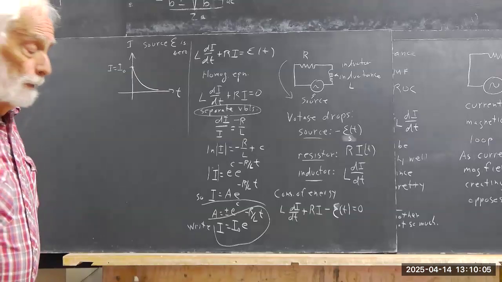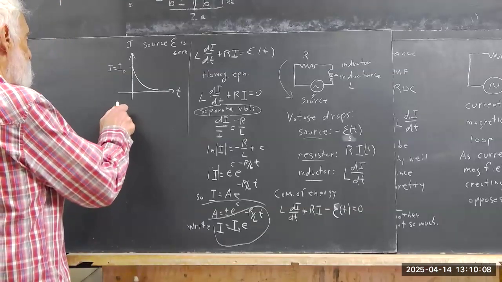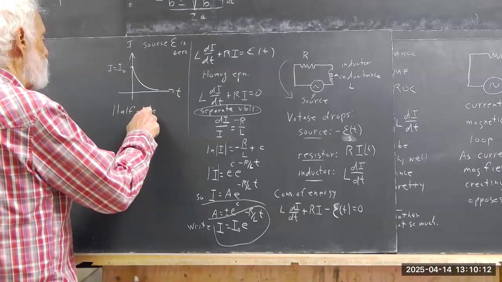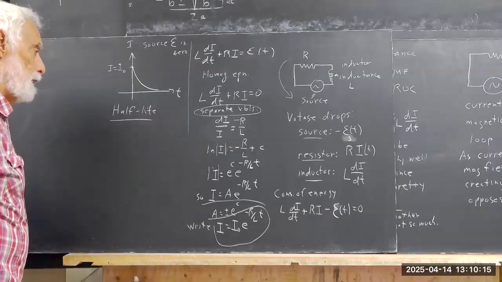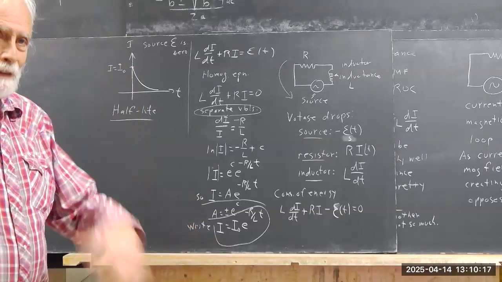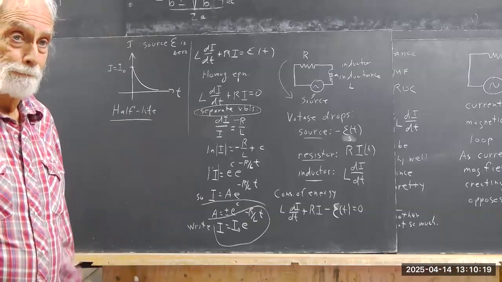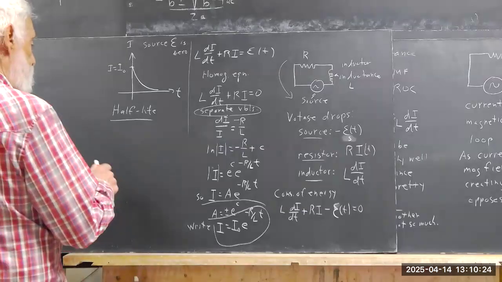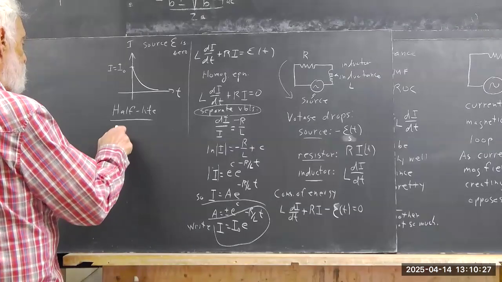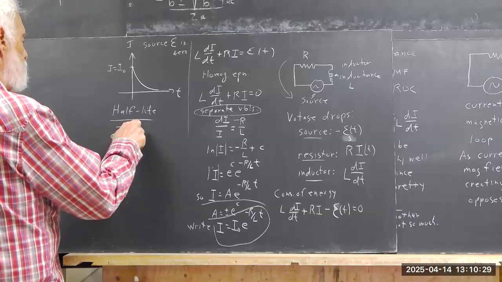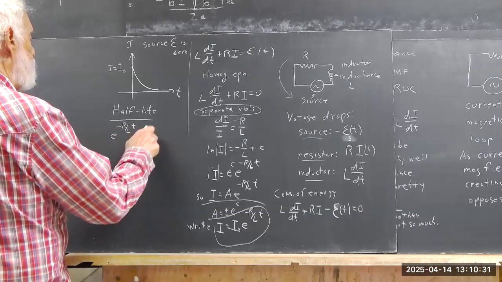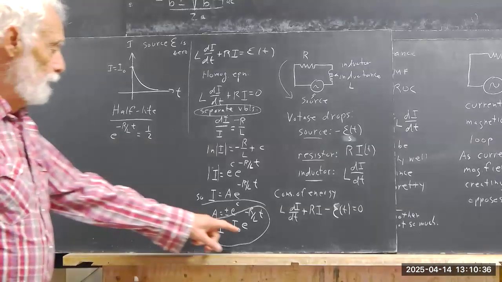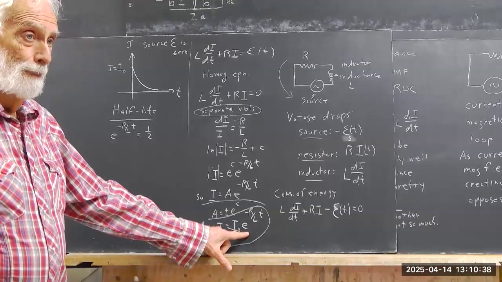Okay. Now, what's the half-life? You have a half-life because exponential functions either have doubling times or half-lives. Okay? The half-life occurs when this factor here is 1/2.